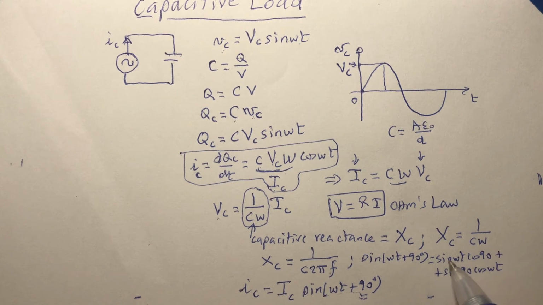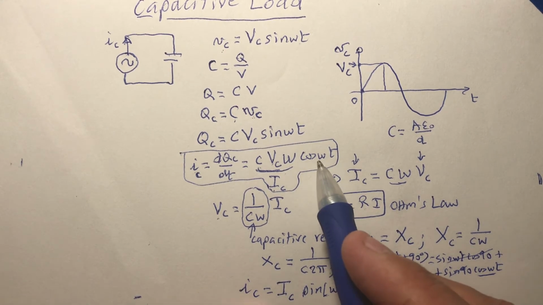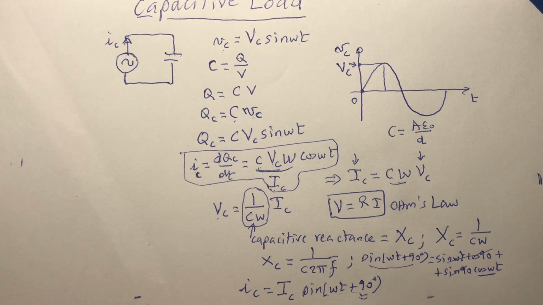Cosine 90 is 0, so it goes away. Sine 90 is 1. So cosine omega t is equal to sine omega t plus 90 degrees.